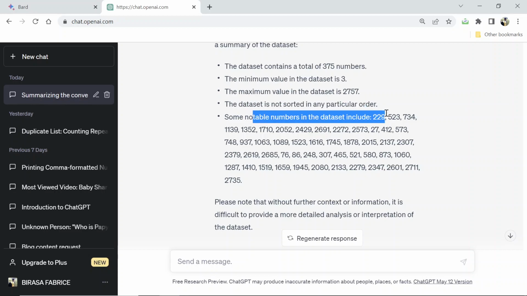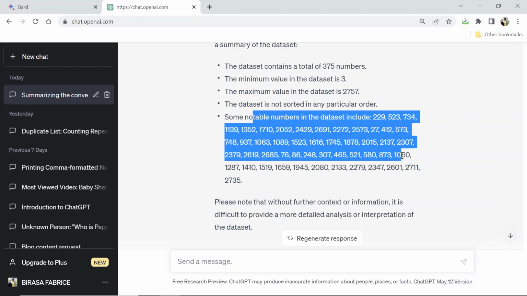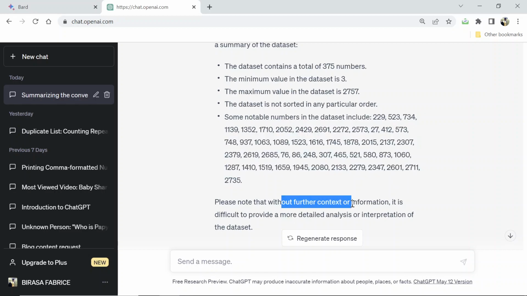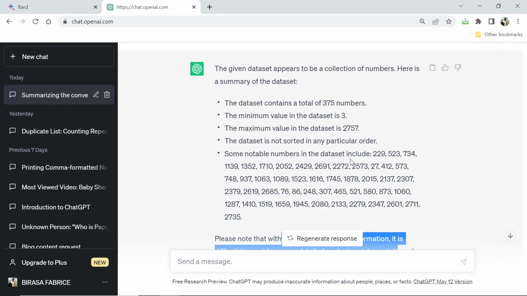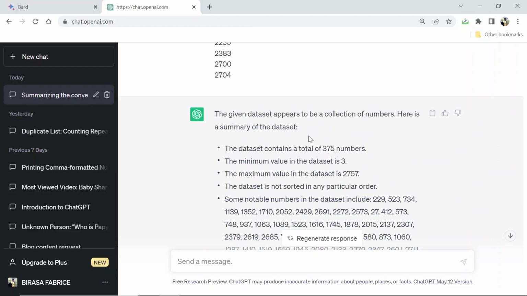Some notable numbers in the dataset include... please note that without further context or information, it is difficult to provide a more detailed analysis or interpretation of the dataset. This ChatGPT response is correct. The only issue with it: ChatGPT has lied on my dataset. My dataset contains more than 1900 rows, 1900 observations.